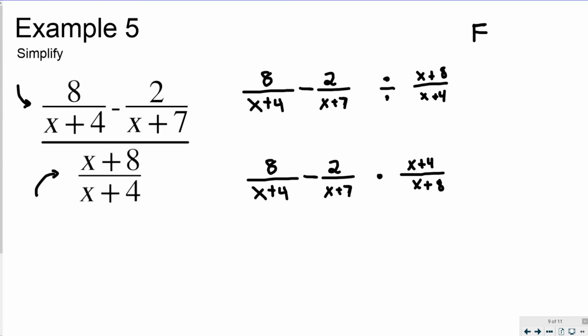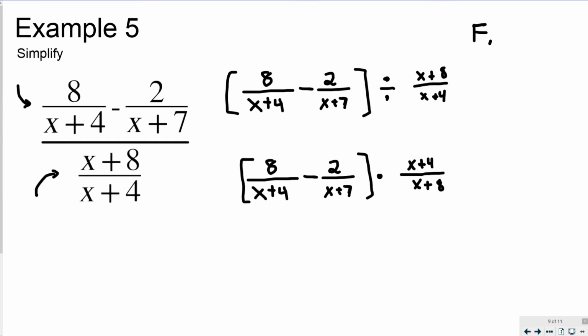We can't. Okay? When we have a subtraction problem like this, these are in their own little bracket, in their own little world. They cannot be touched or canceled until there's nothing but multiplication left. So we'd actually have to do the subtraction first before we do any cancellation.